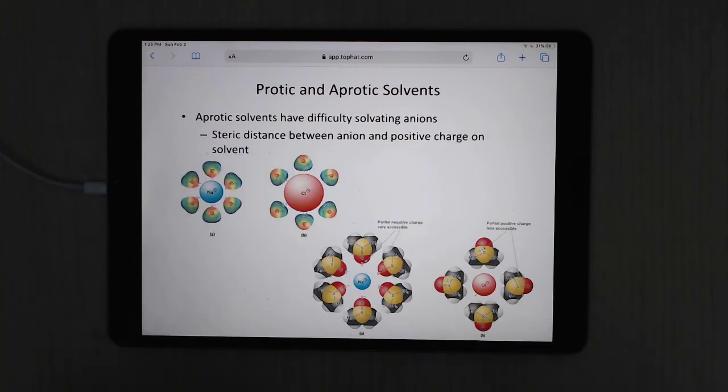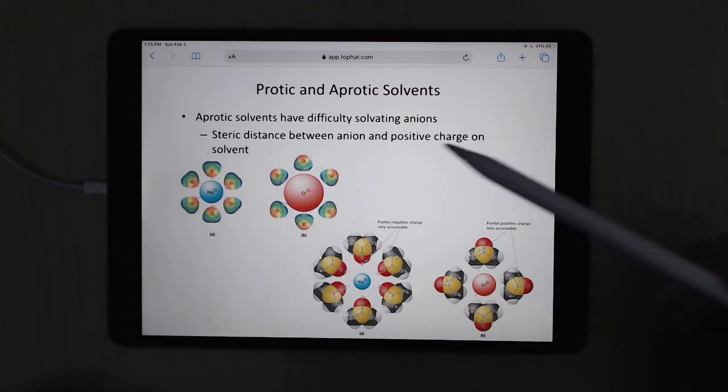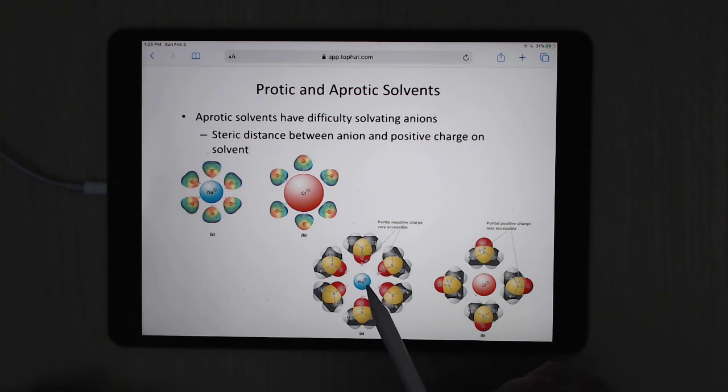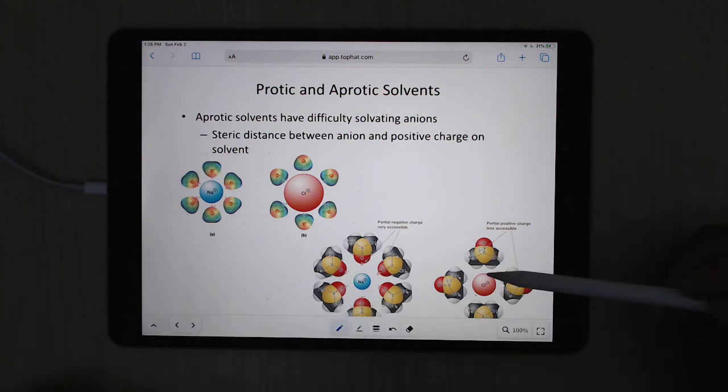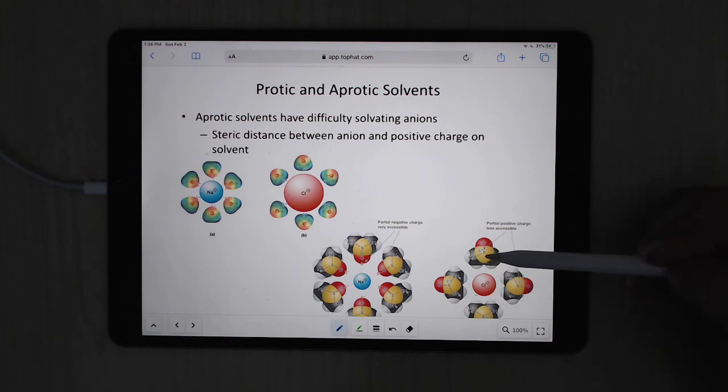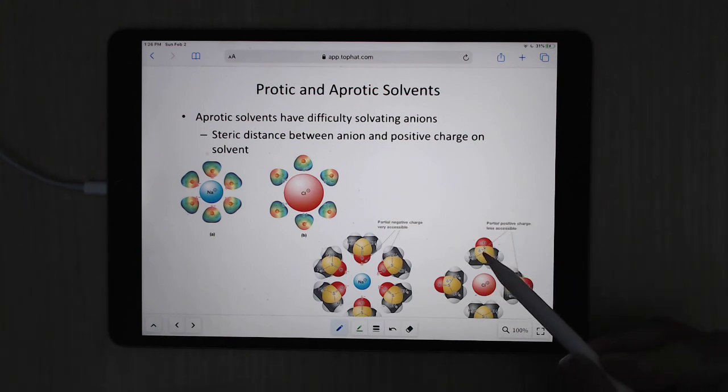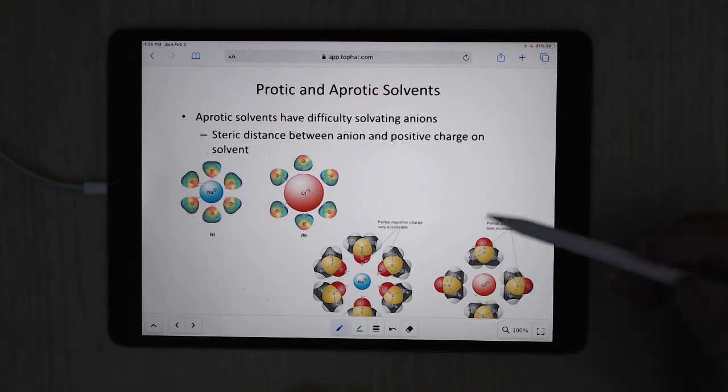Now the thing about aprotic solvents is they do have some difficulty solvating ions, and the reason for that is they can point there, so it's pretty good at solvating positively charged things, because it can get the negative right next to it. But for negatively charged ions, it's hard because the partial positive is up here in the sulfur, and you've got a bunch of what are called methyl groups.